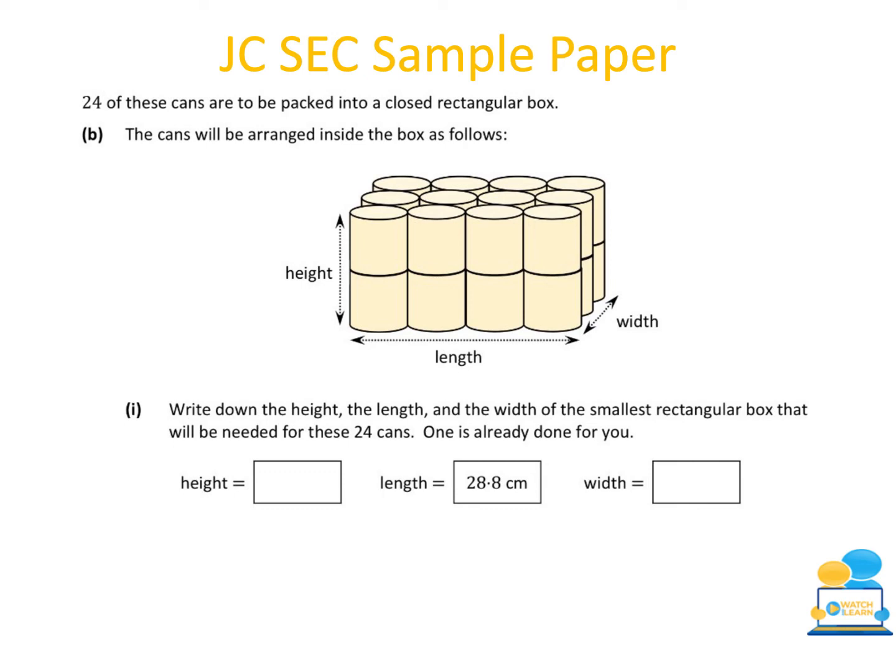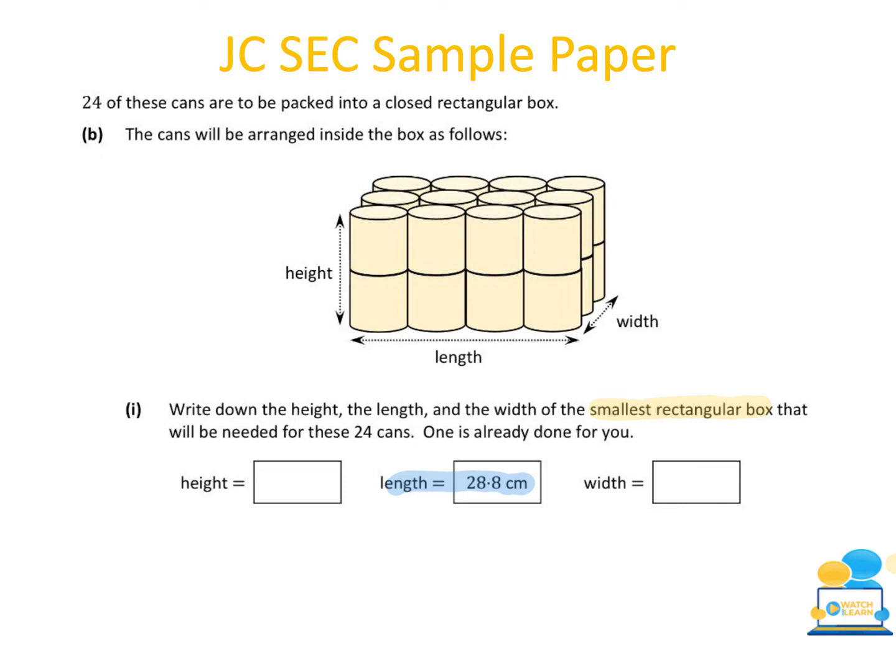What they mean when they say the smallest rectangular box is that you've no space left, so your box completely encapsulates all of those cylinders without any gaps. So how did they get the length to be 28.8 centimeters? The length is 4 cylinders long, and we know from the previous question that the radius of one of these cylinders was 3.6 centimeters.